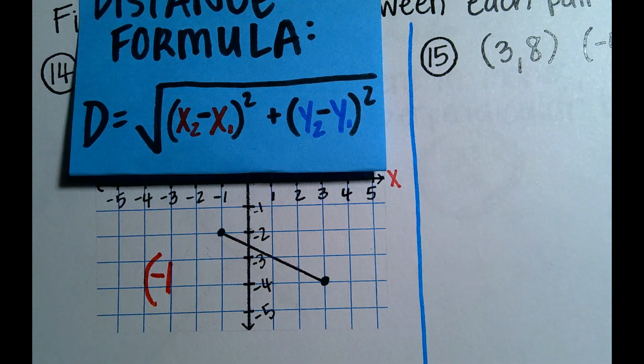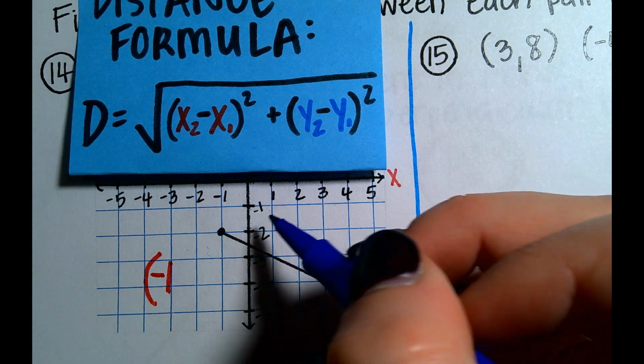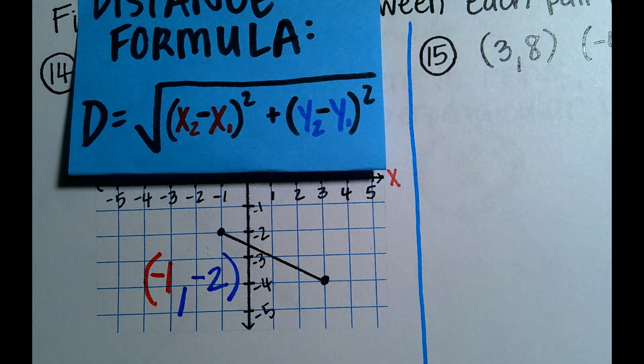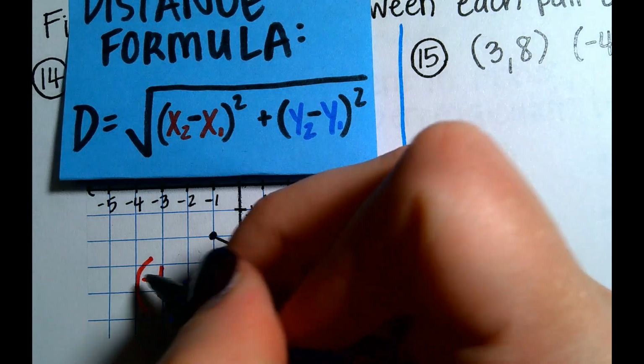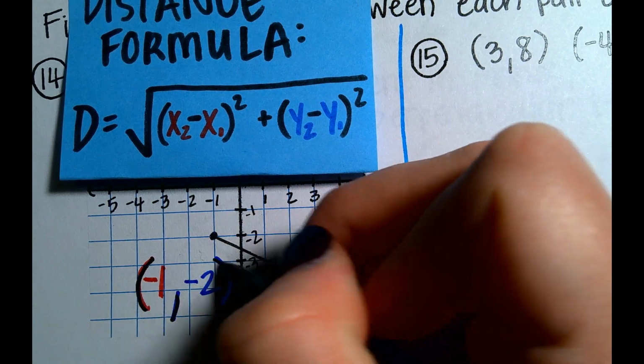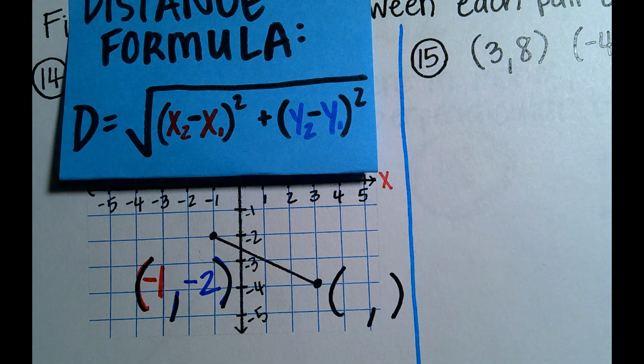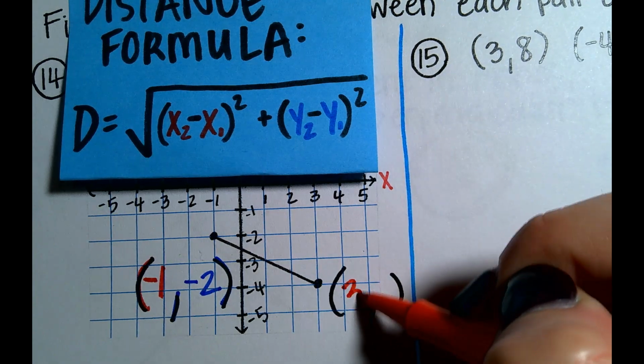And my y, negative 2. And for my lower coordinate, what is my x value? 3, good. And my y? Negative 4, perfect.